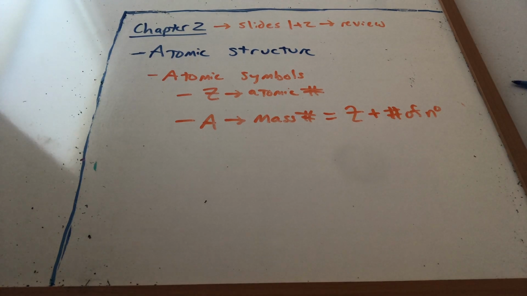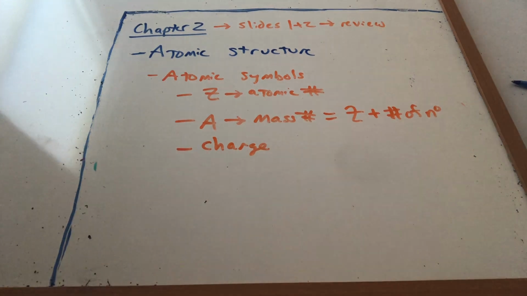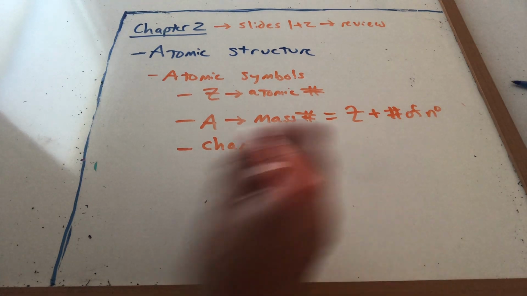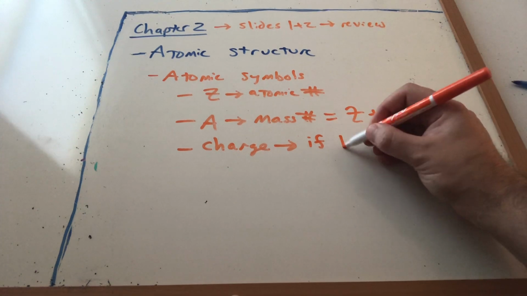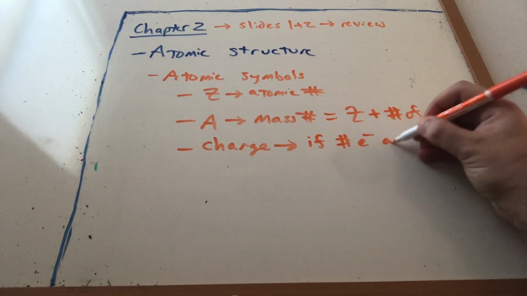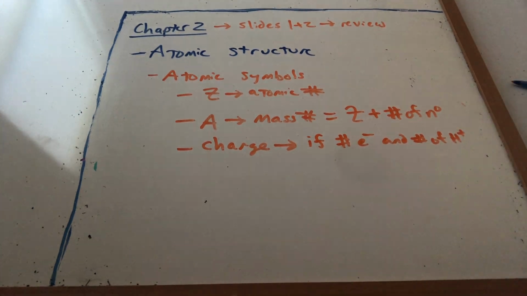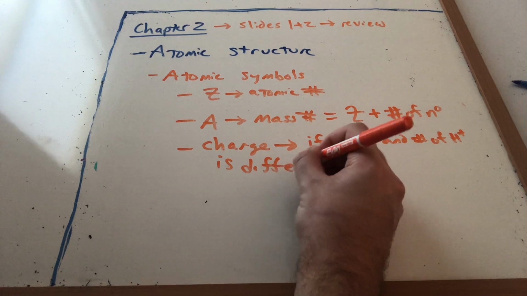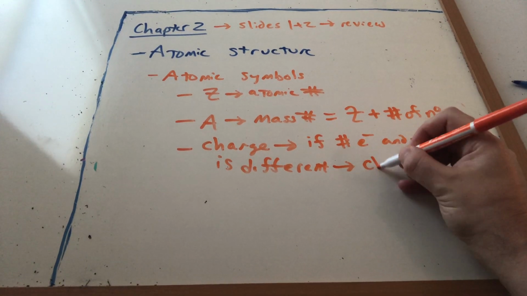Okay? You'll also sometimes see a charge listed in an atomic symbol. The charge is based on an imbalance of electrons and protons. So if the number of electrons and the number of protons is different, the atomic symbol will show a charge.